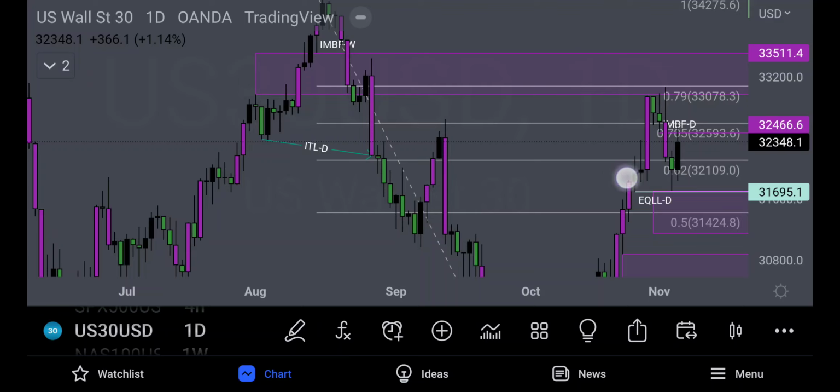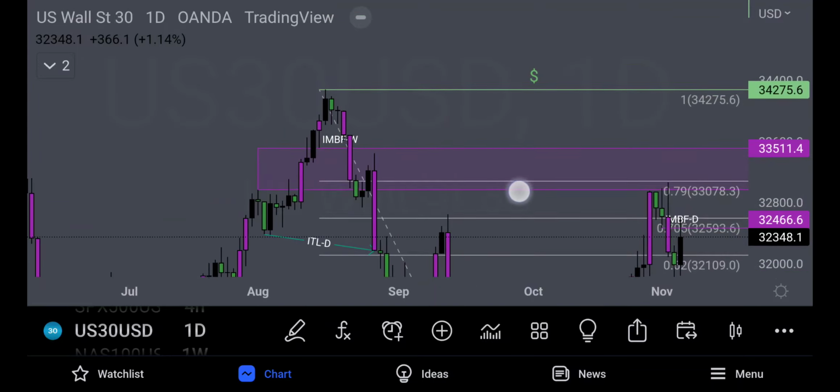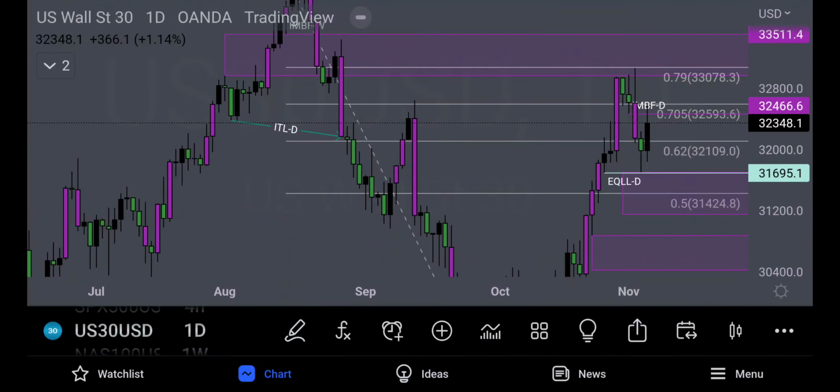Sorry about that. So we look for entry on that fair value gap, okay? And on the daily, that could have been entered on a lower time frame. This imbalance or fair value gap had already been filled in.